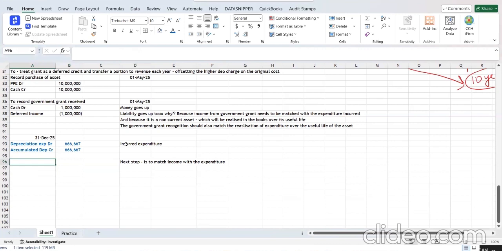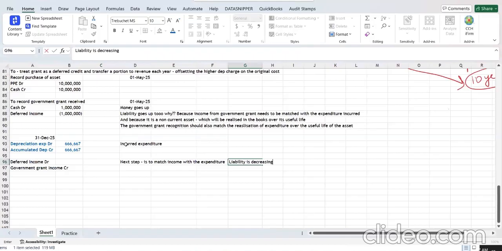So now what we are going to do is I'm going to debit my deferred income and I'm going to credit my government grant income. Why debit my deferred income? Because liability is decreasing and my revenue or income is increasing.